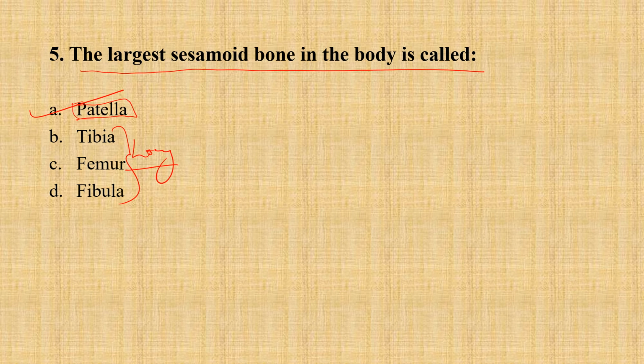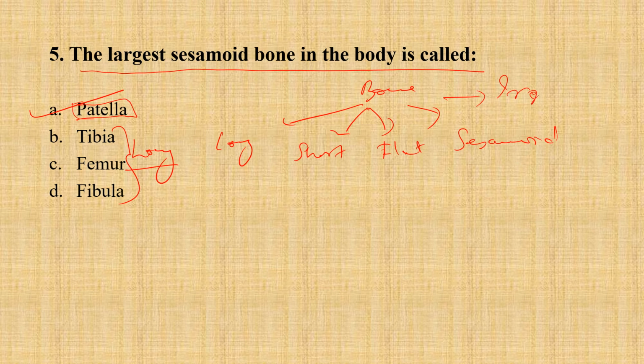The bones are classified into long bone, short, flat, sesamoid, and irregular bones. Examples of long bones are like already written here: fibula, femur, tibia.